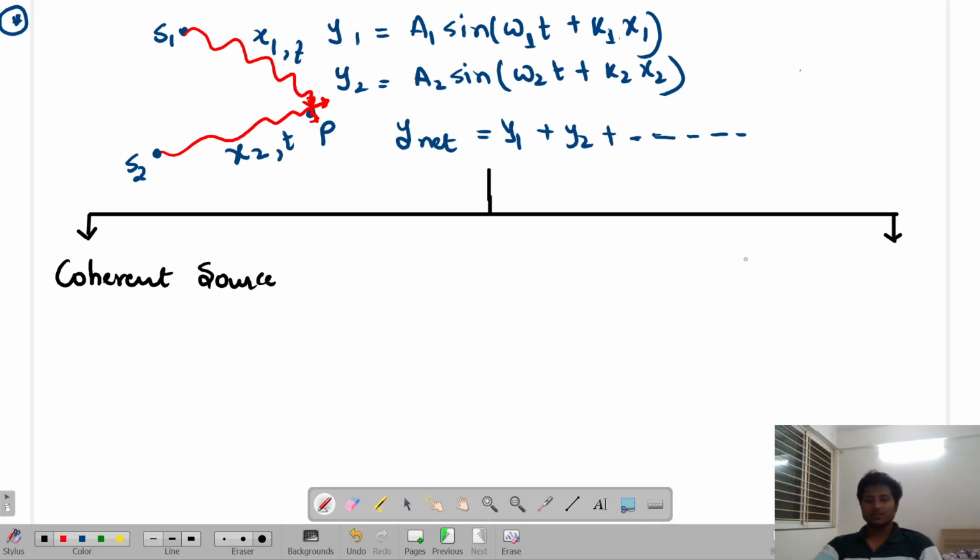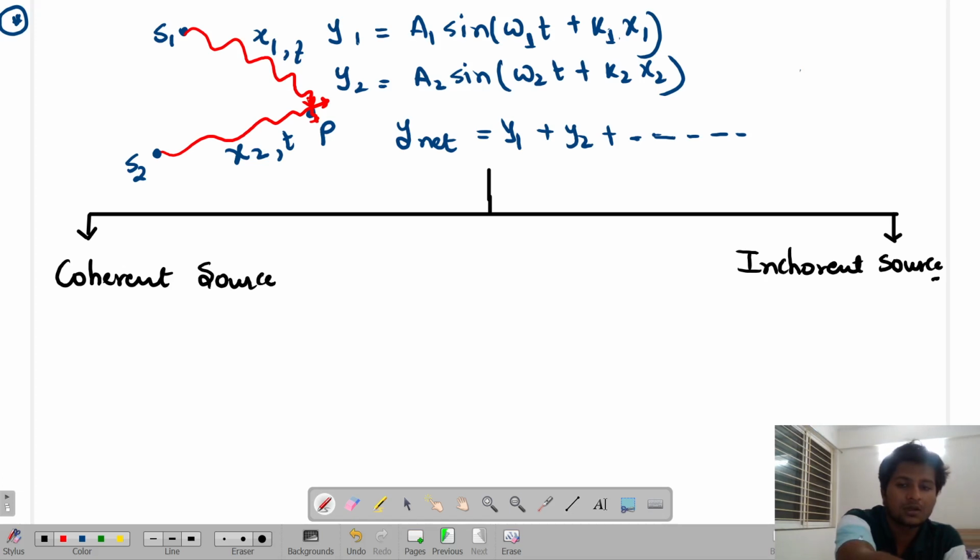Another one is called an incoherent source. Is that clear? How many kinds of sources are there? Two. One is called coherent, another is called incoherent.